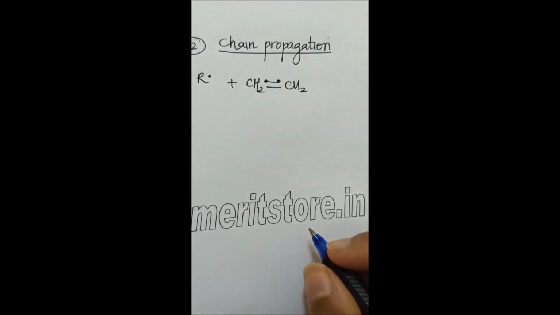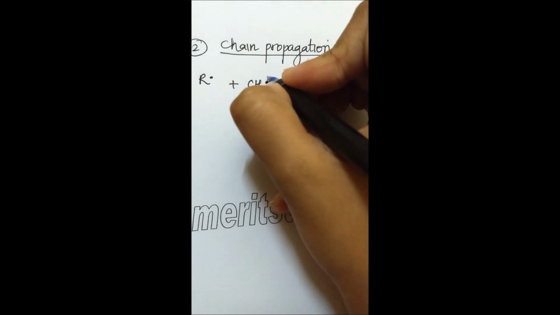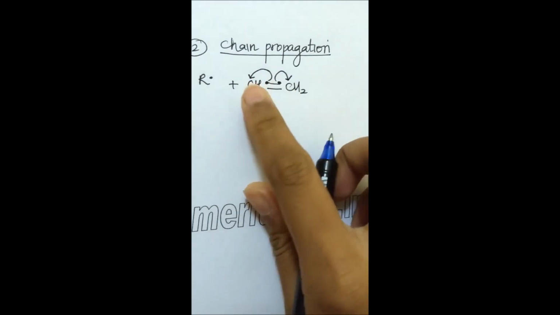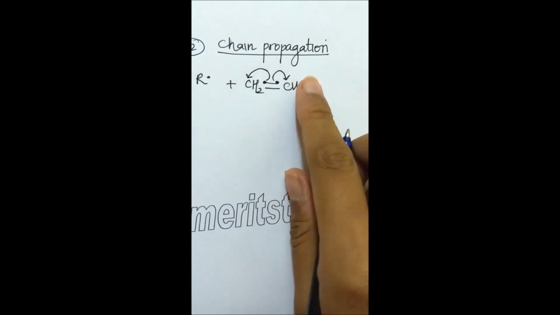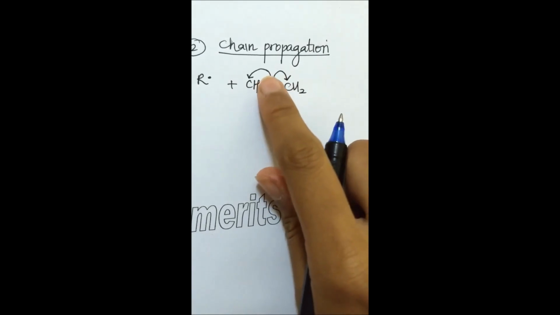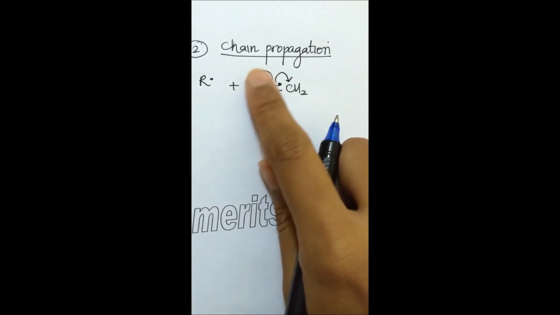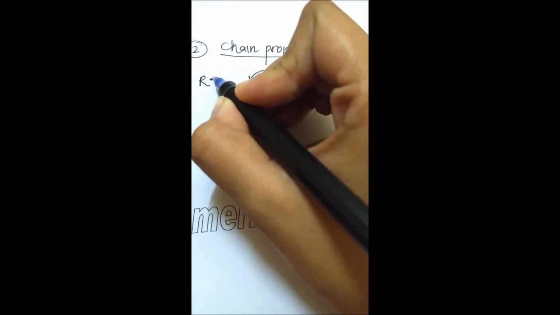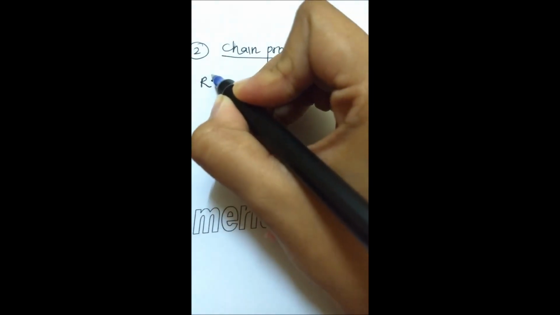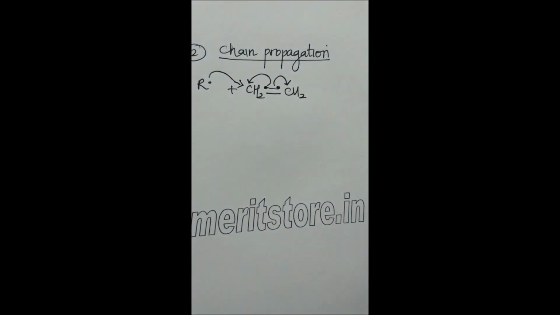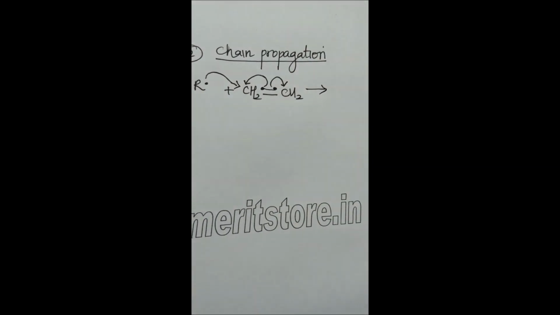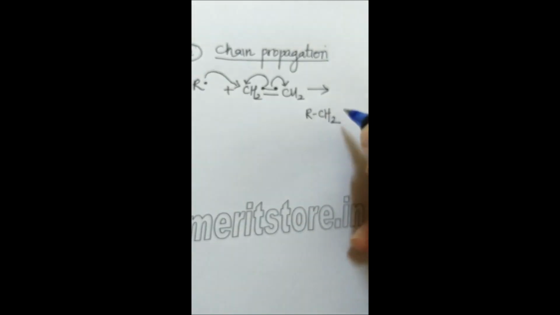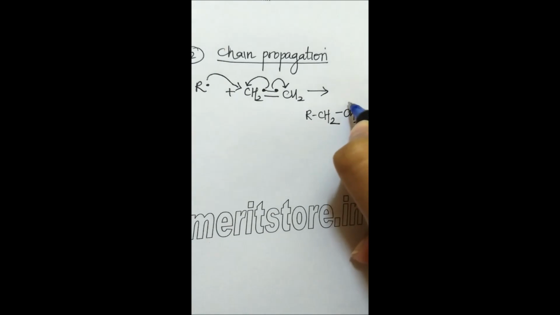Now what happens is, again, there is splitting, homolytic fission, in which each electron of the bond goes to one carbon each, and this radical also donates its electron. What we get is R CH2 radical.